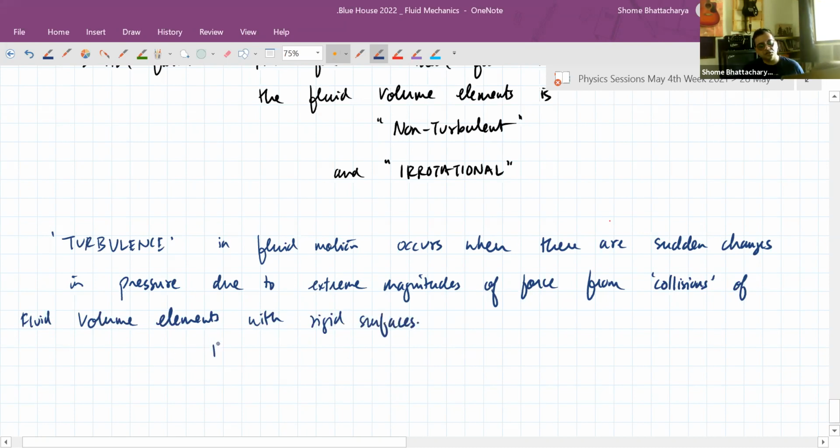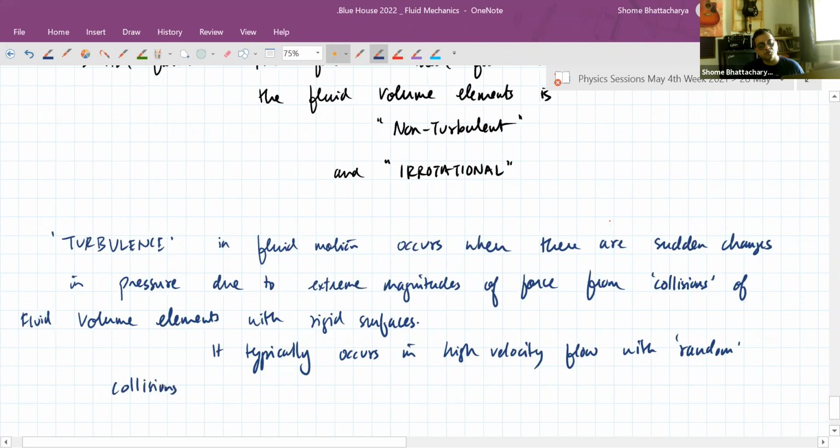So it typically occurs in high velocity flow with random collisions with solid surfaces.